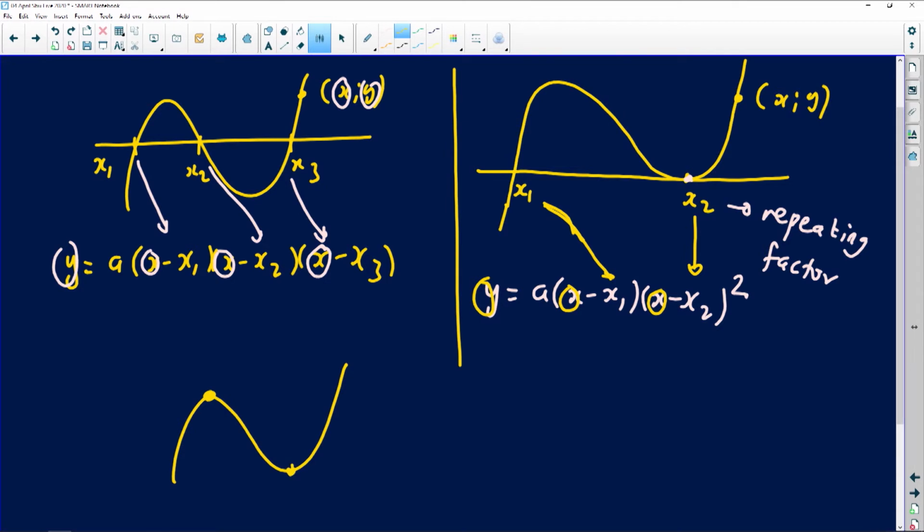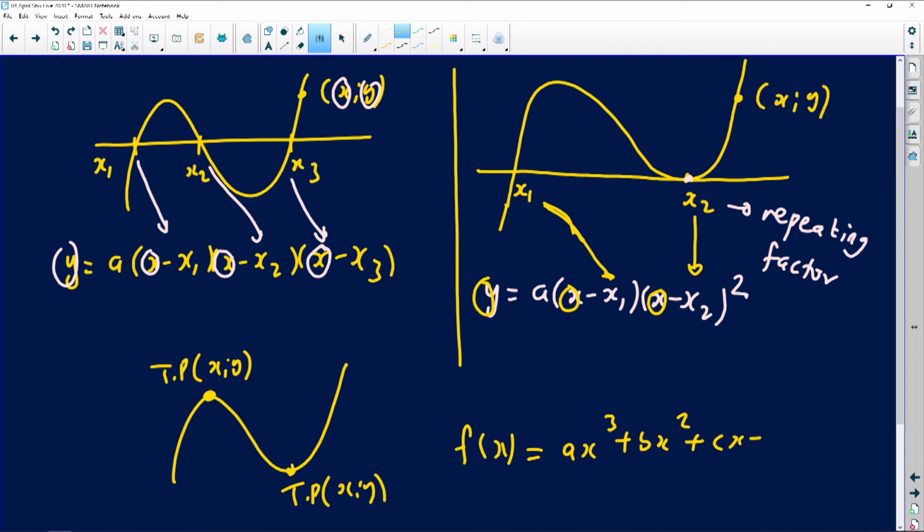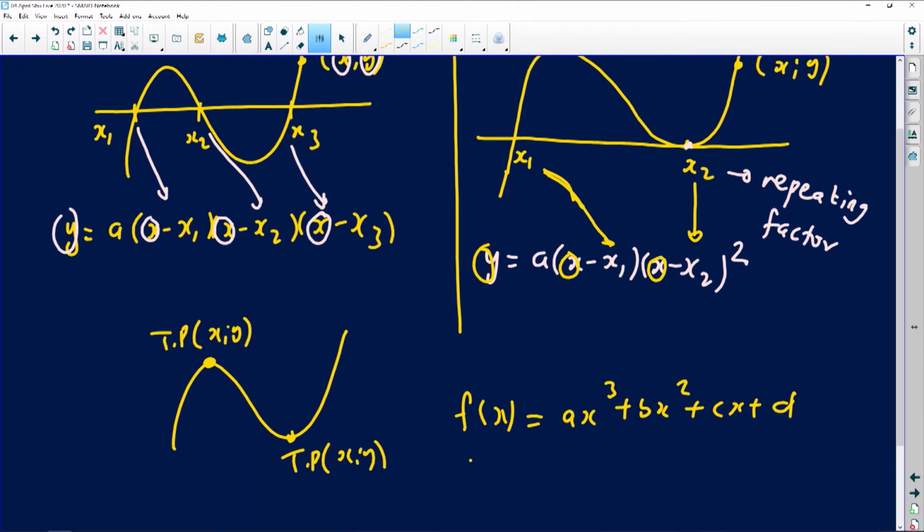Now, if they give you scenario number 3, a cubic, and they only give you the turning points, they give you the coordinates of the turning points, an x and a y here, and an x and a y here. You need to understand you have f of x, which is ax cubed plus bx squared plus cx plus d, the defining equation of a cubic. You will need to work out the derivative, which is going to come out as 3ax squared plus 2bx plus c.